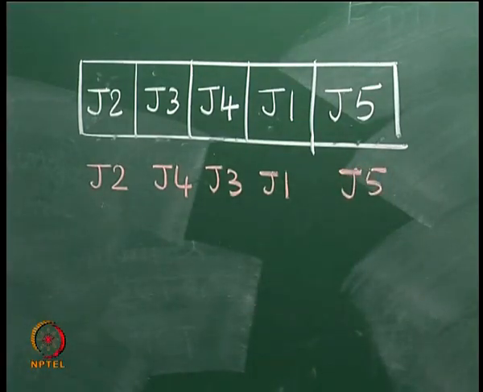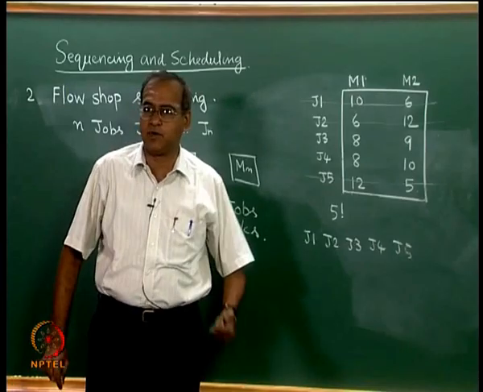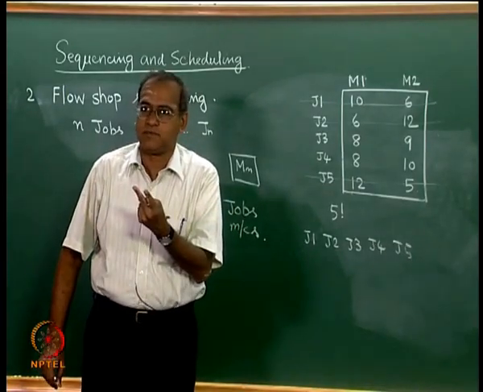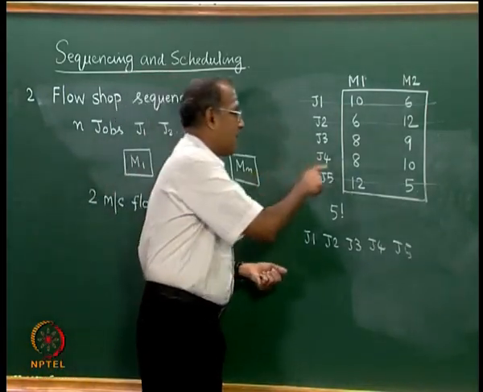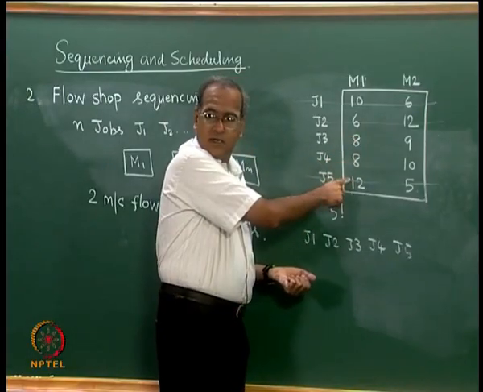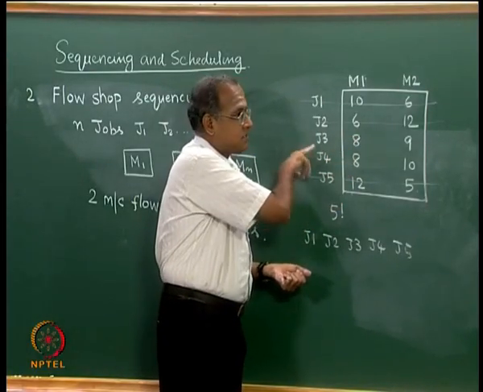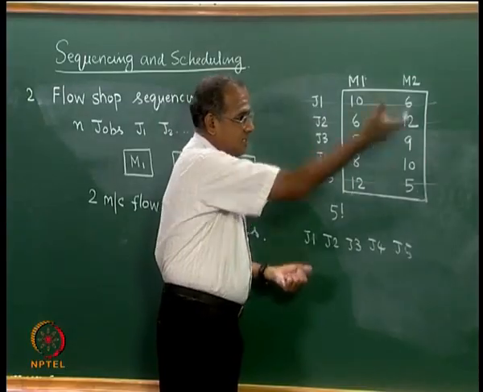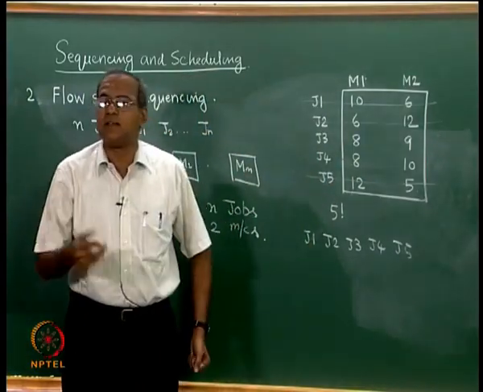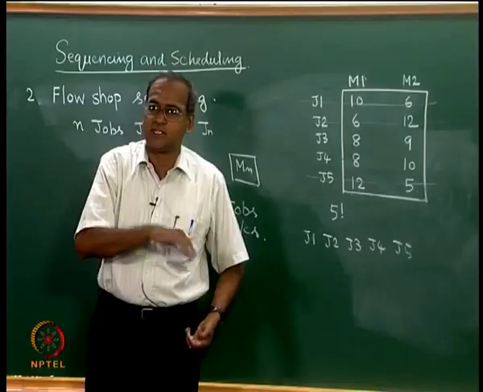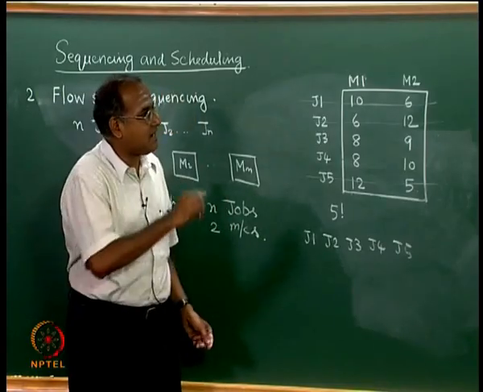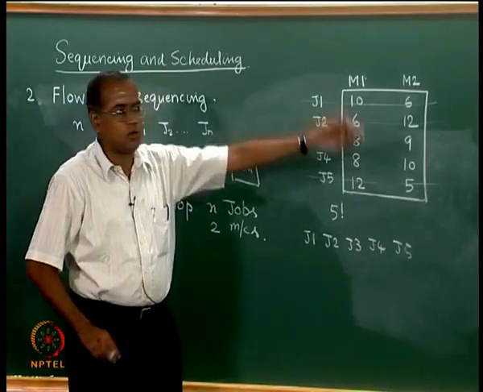So Johnson's algorithm, for this particular example, gives two sequences. Two sequences happened because of a tie occurring here: one sequence by putting J3 first and then J4, and the other by putting J4 first and then J3. Now let us evaluate the makespan for both the sequences.